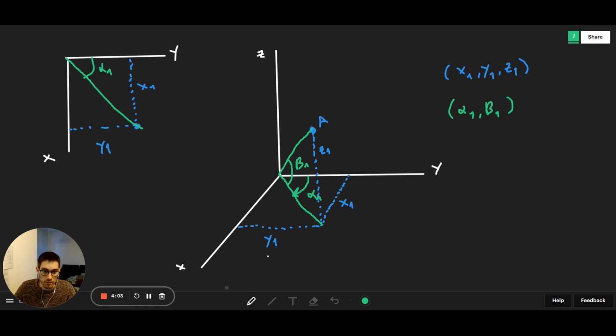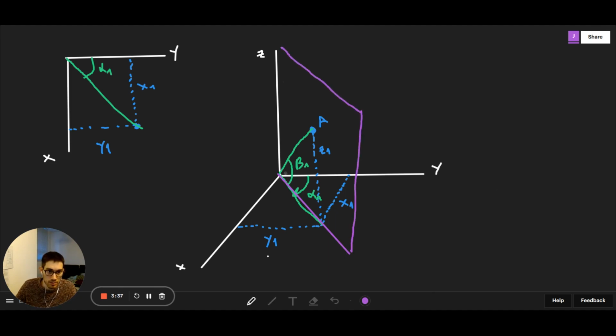In the same way, we can have a side view. Let me remove this. Let's take a side view in the following way. So this line alpha, let's take a view like this.